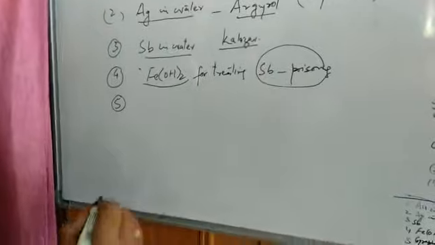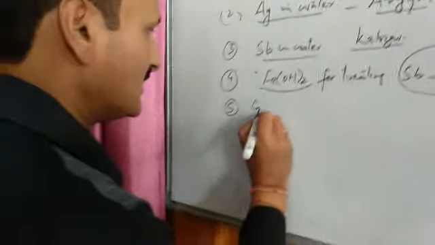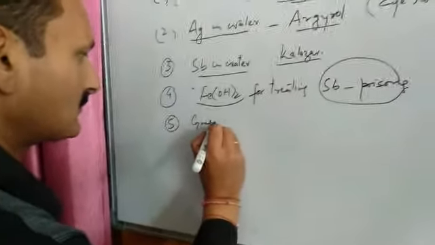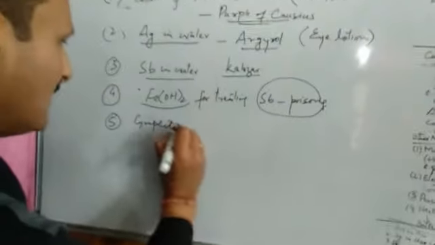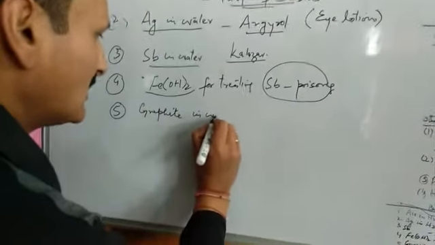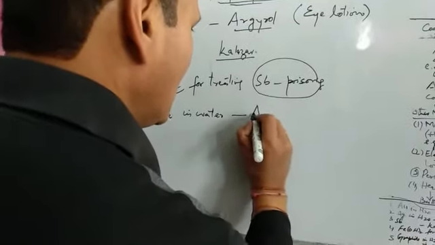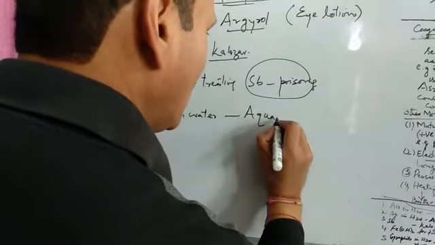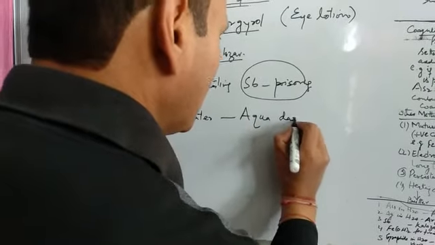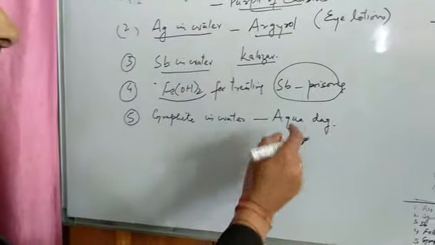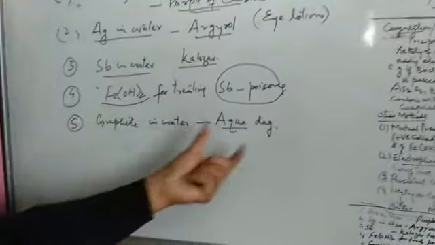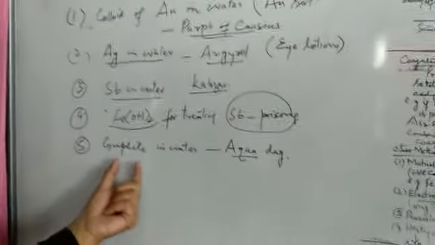Then similarly, we have another colloid, graphite in water. Such a colloid is known as aquadag. Please remember, aqua is for water. Aquadag is a colloid of graphite in water.